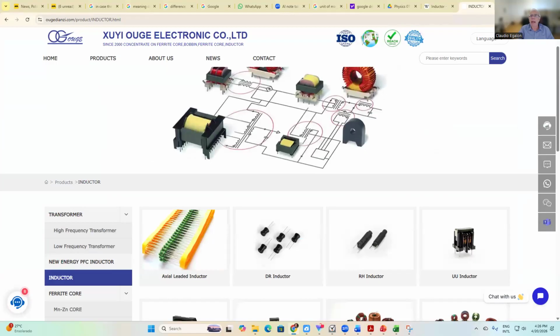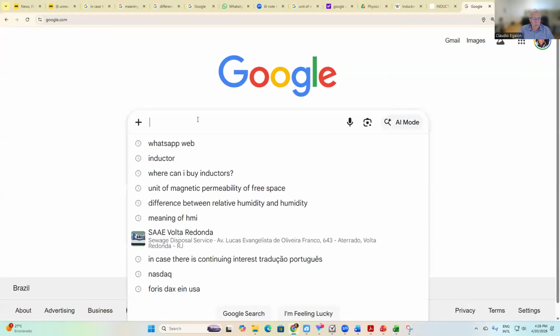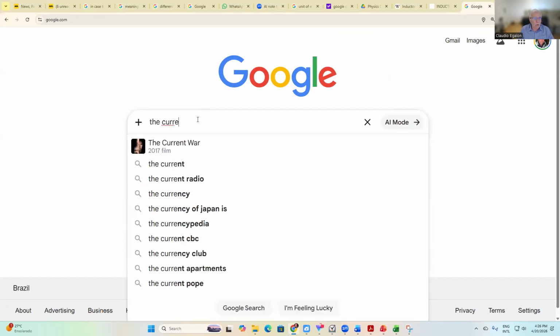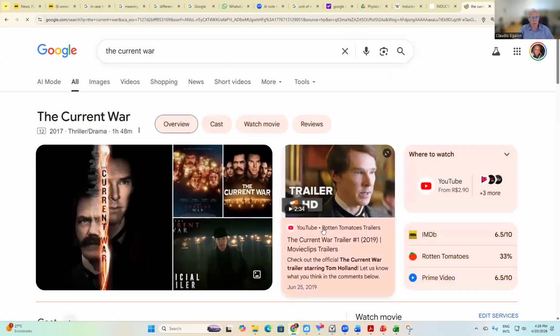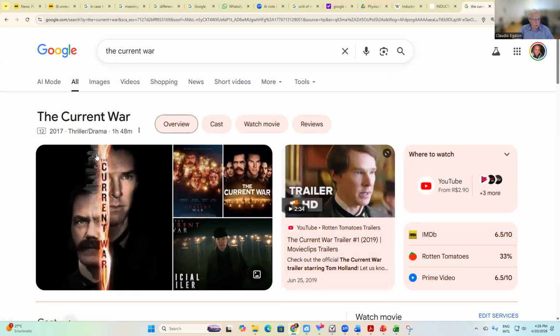They dramatize this whole incident between AC current and DC current, the current war. I watched this movie. I do not know if you did. This actor is the Doctor Strange, right, from the Avengers. He portrays Thomas Alva Edison.